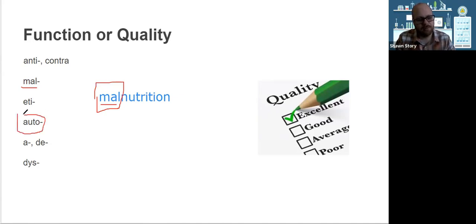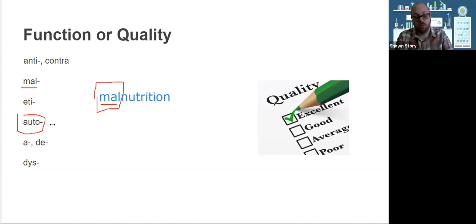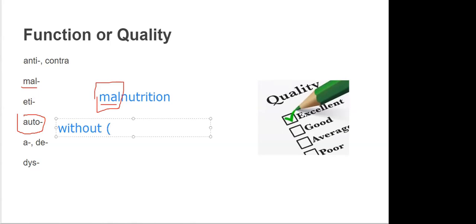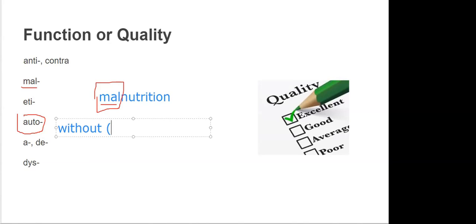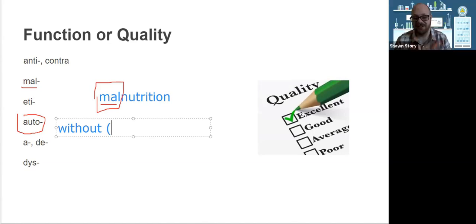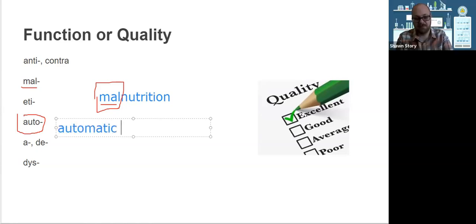Do we know auto? I think you're thinking of auto like driving cars, or even just automatic, or autoimmune disease.